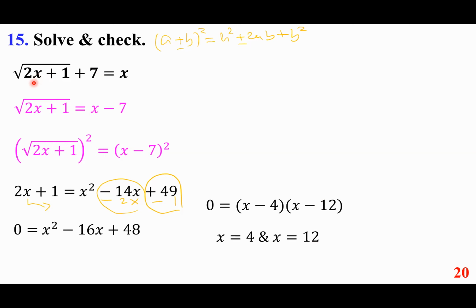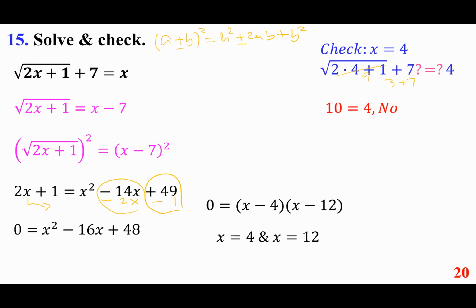So 2 times 4 plus 1 under the radical, plus 7, is it equal to 4? We are checking. 2 times 4 is 8, and 1 is 9, the root comes out as 3, plus 7, and therefore 10 is not equal to 4.